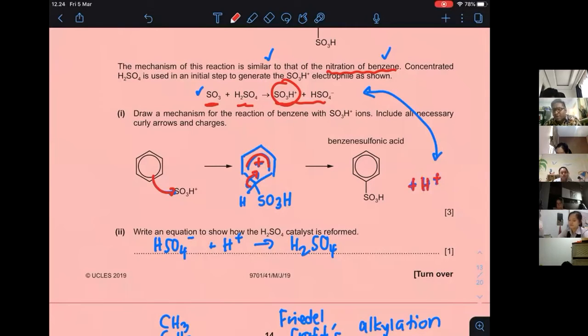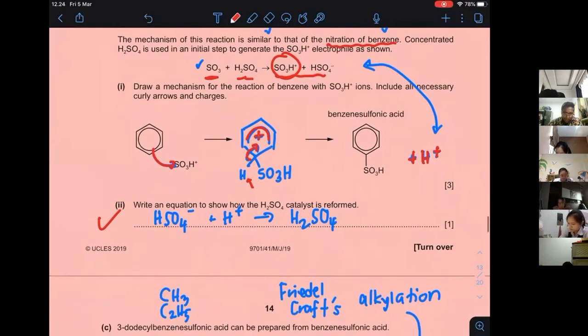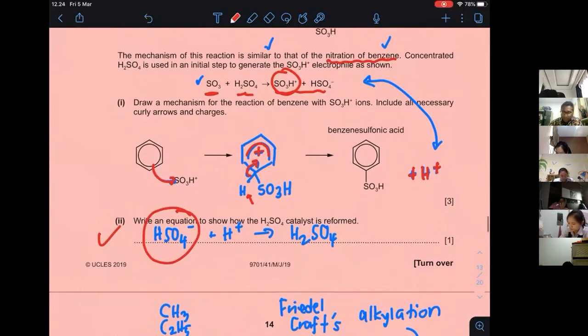I don't think it's normally required, but I think it's required for this question, because you are going to have heterolytic fission happening over there, so there is going to be H plus. This H plus will join with the HSO4 minus that you had earlier, and this is going to generate the H2SO4. So this is how the catalyst is going to be reformed.